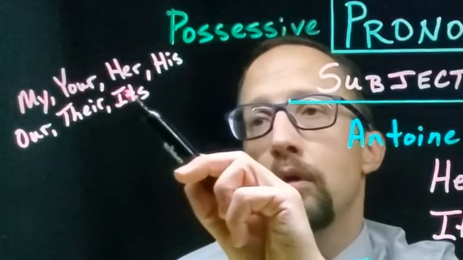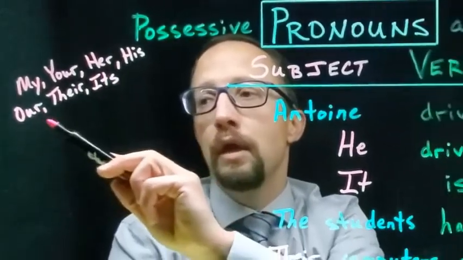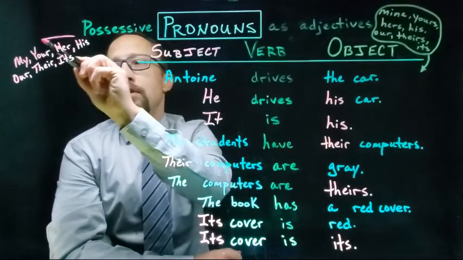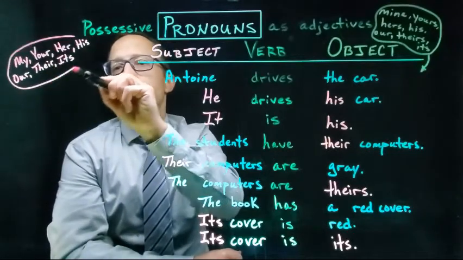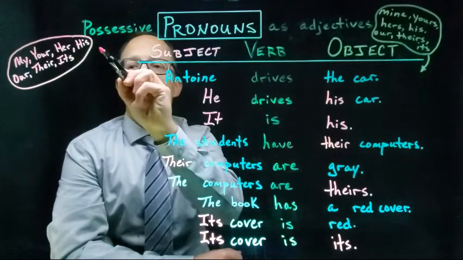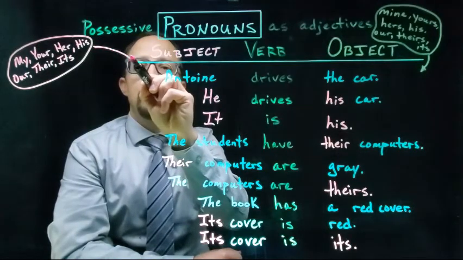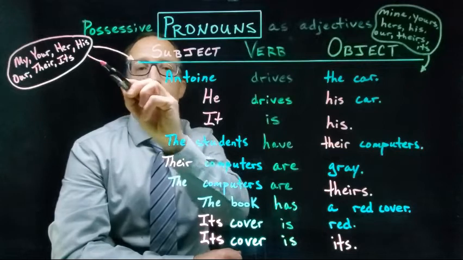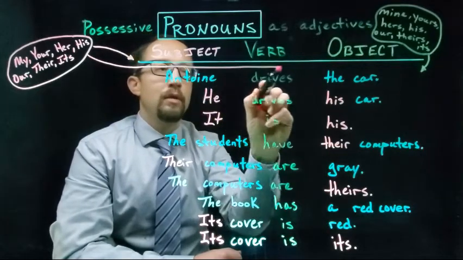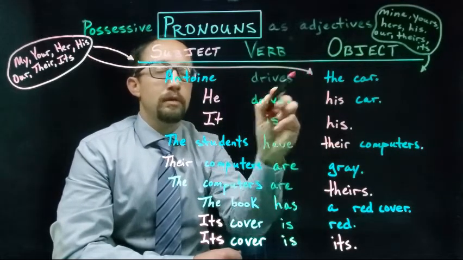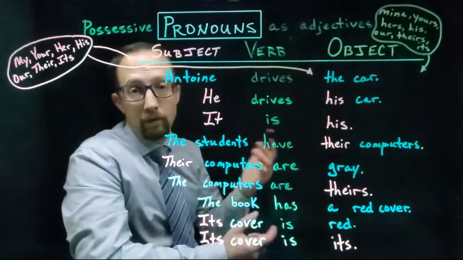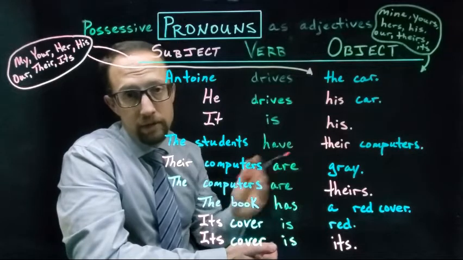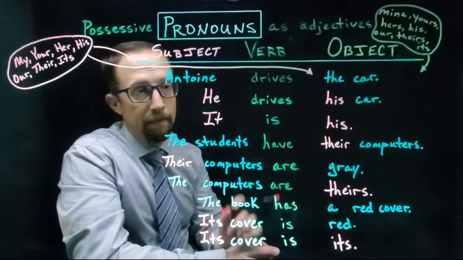My, your, her, his, our, their, its. They are kind of special because they go on this side of the verb and they go on this side of the verb. They can go on both sides.